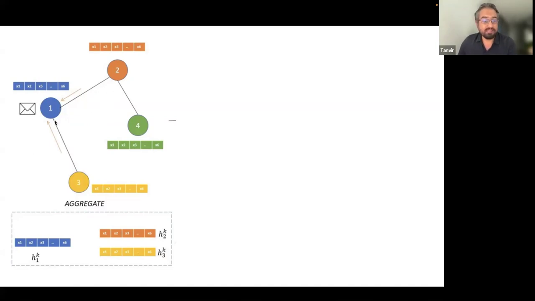This is where the message passing and aggregation happen: these features are shared or exchanged with whatever the node is connected to. And after the features are shared, what we call an update happens. An update is basically we update the node 1 feature with information from node 2 and node 3.